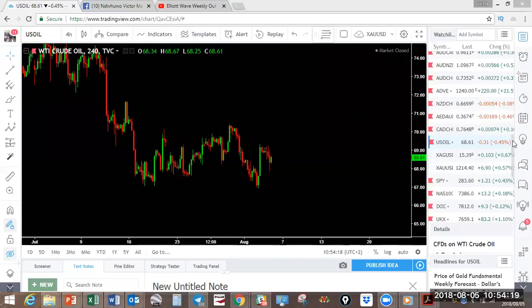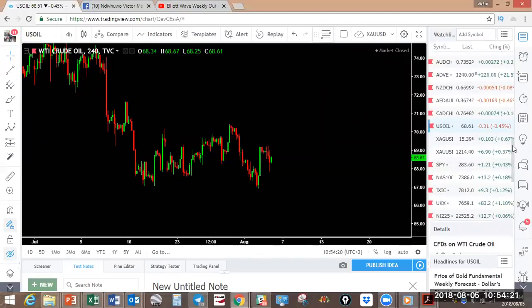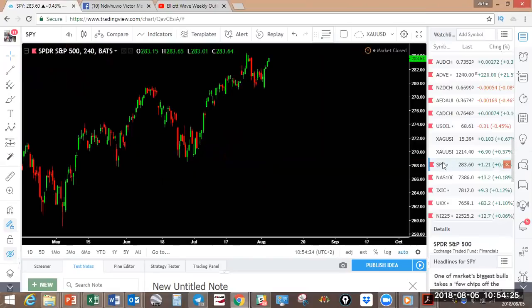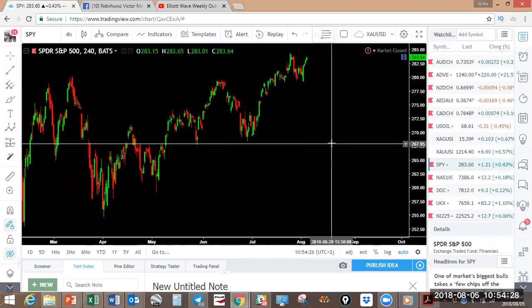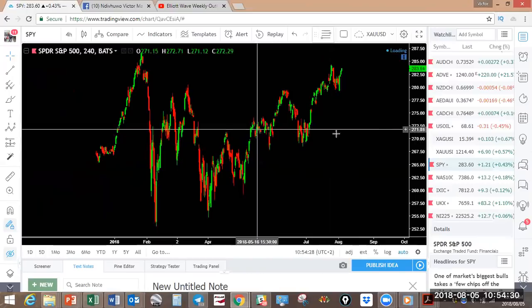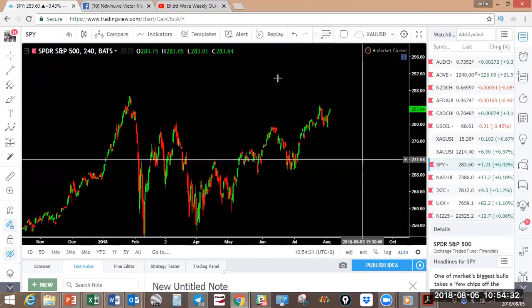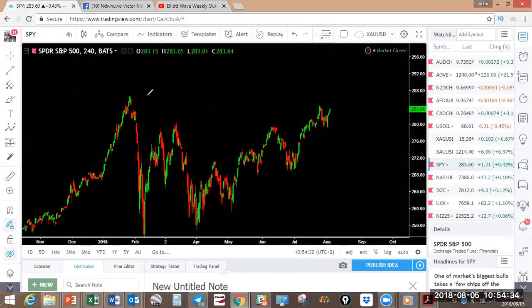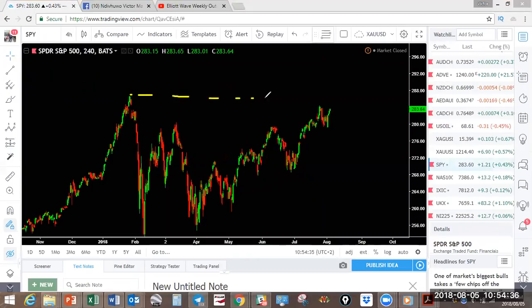Now we can look at the indices. SPY, very interesting. The indices have been playing out to the pip as we've analyzed. So now the SPY is approaching this level. This is the level that we've been looking for it to get to.